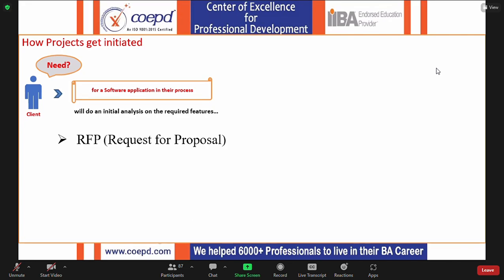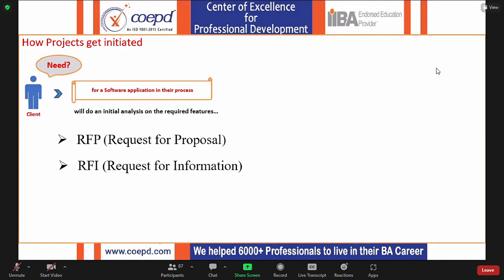We tell them these are all the modules required for their requirement, and those are put into a document called a request for information.